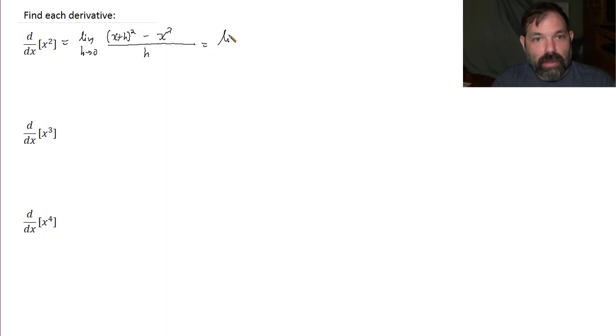So this would then be the limit with h approaching 0 of x squared plus 2xh plus h squared minus x squared, over h. The x squareds go to 0, right? x squared minus x squared goes to 0.